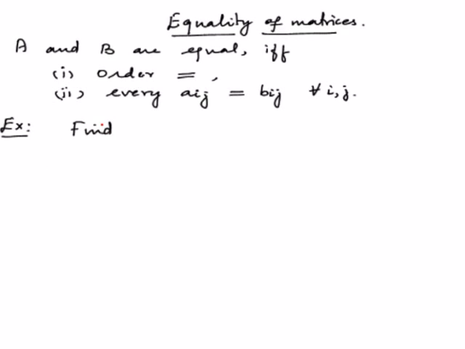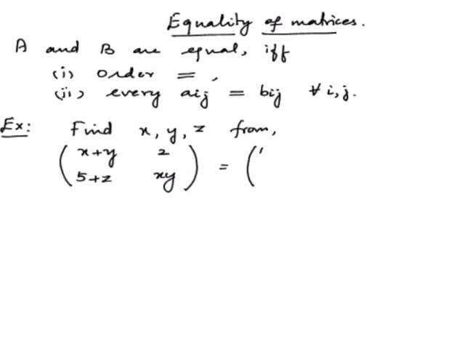Find x, y, z from the matrix [x+y, 5+z; xy, 6] equal to [6, 5; 8, ...]. So, let's solve this.